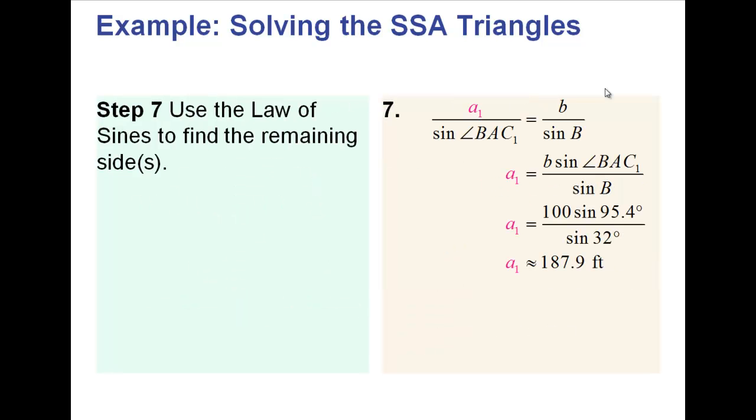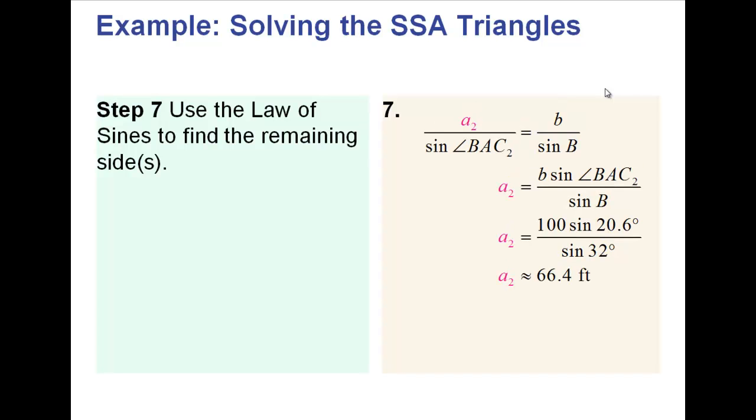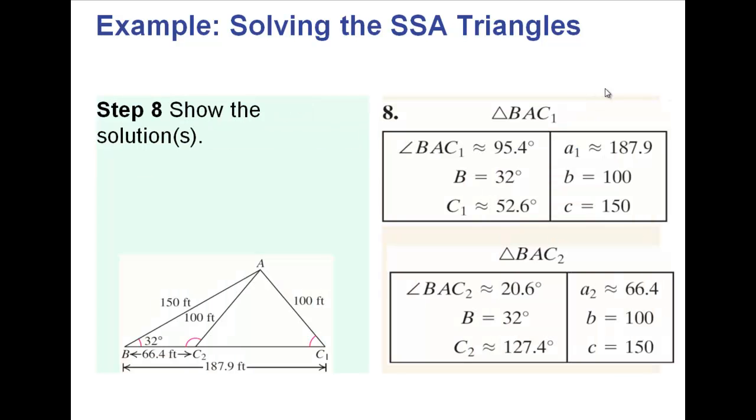Well, let's see. Here's the first one, where we're using the 95.4 triangle. We get 187.9. Here's the second one, 66.4. And so yes, we did get different responses because, as we knew, when we're doing side-side-angle, it's possible to get two separate triangles.